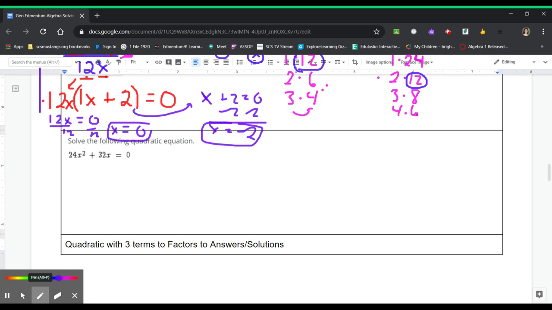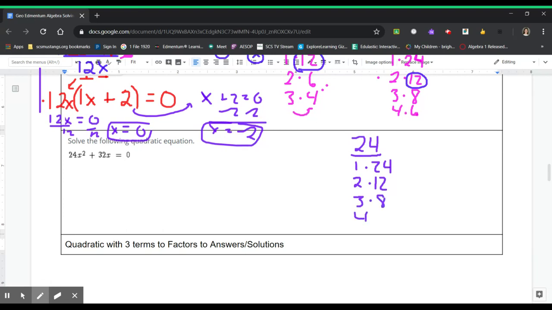The second thing that I want to do is to find the greatest common factor between the two of those. So if I'm looking at 24 and 32, let's make our list. 24: 1 times 24, 2 times 12, 3 times 8, and 4 times 6.